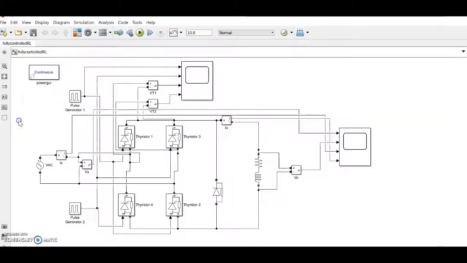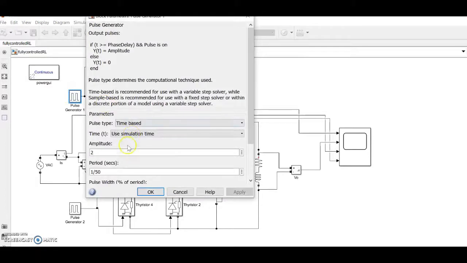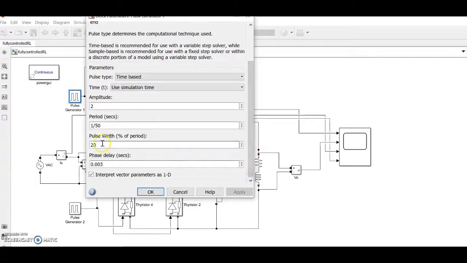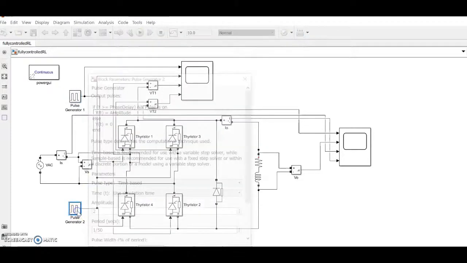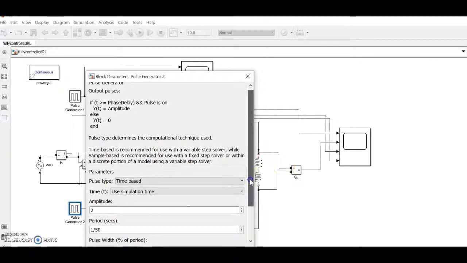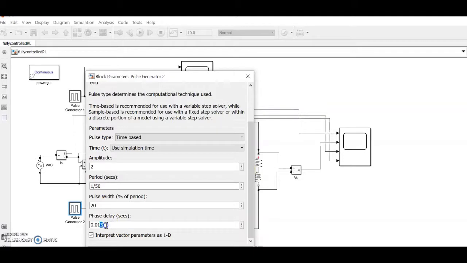We will change the pulse delay to, say, alpha corresponding to 90°, which is 0.005 seconds. So let it be 0.005 seconds, and let this be 0.015.